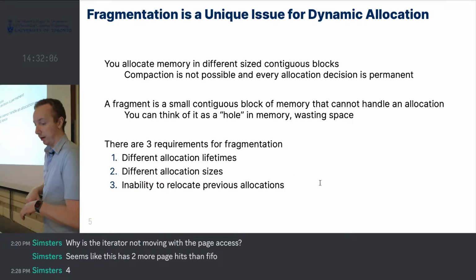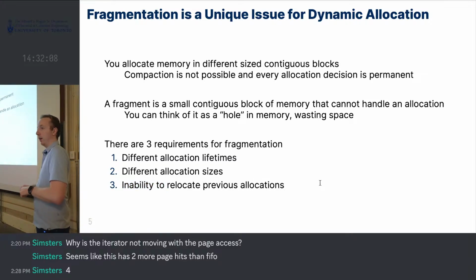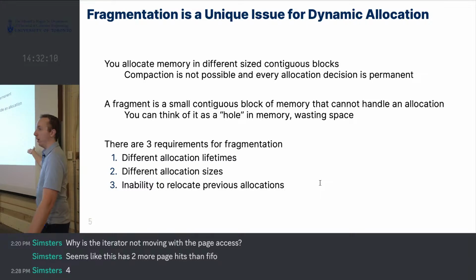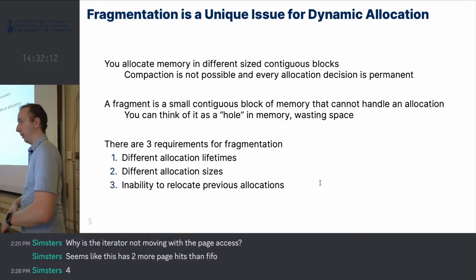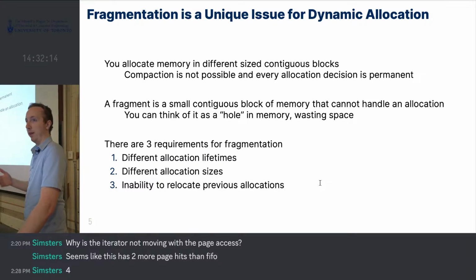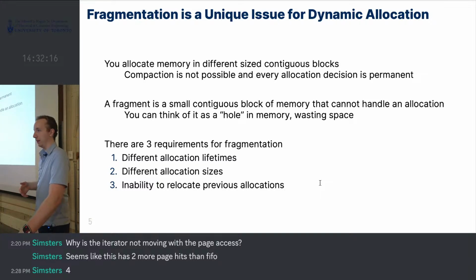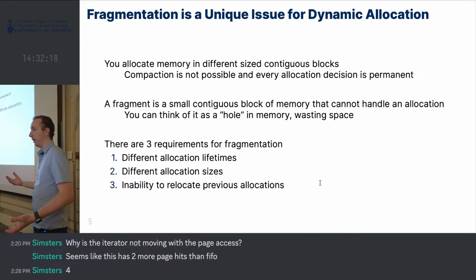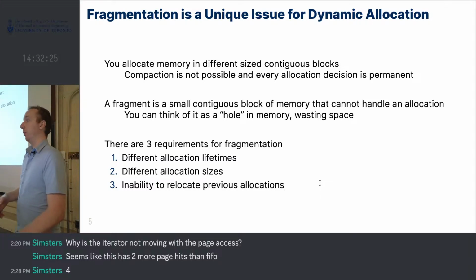Third condition is inability to relocate previous allocations. This is one of the advantages of Java. In Java, everything is a reference. Basically, you don't get to see the location of anything, so it's all abstracted from you. And because of that, what the JVM, or the garbage collectors, can do is move memory around.